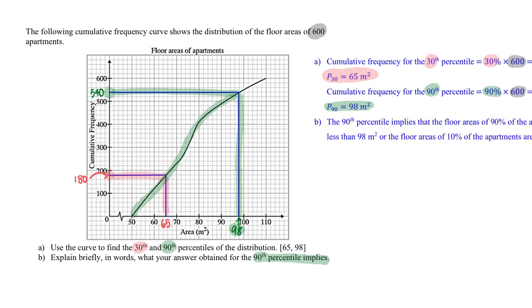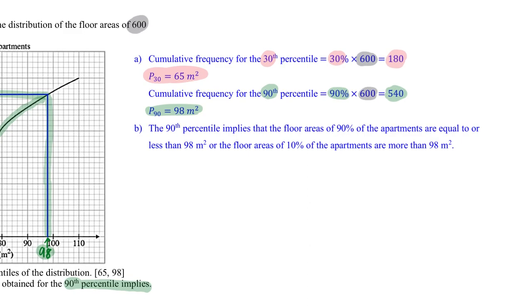Okay? That's one way to look at it. Another way to look at it is 10% of these apartments are more than 98 meter square.